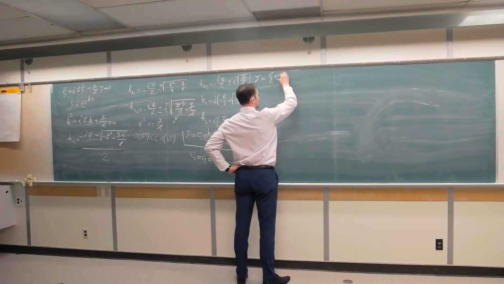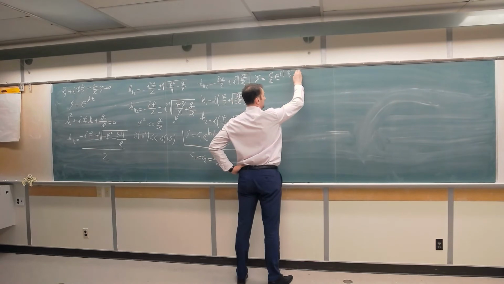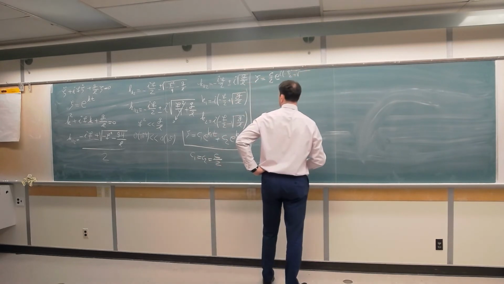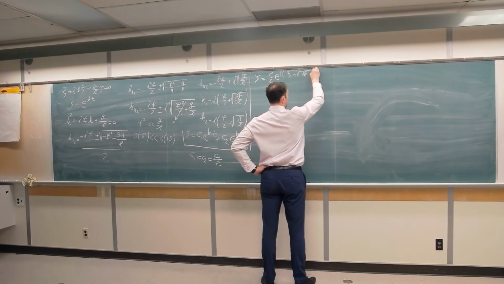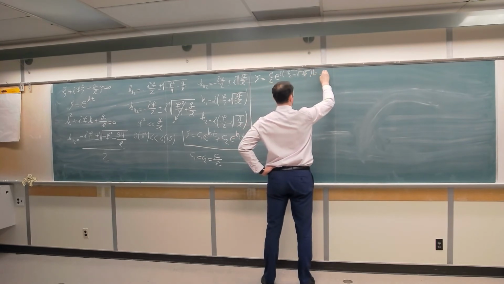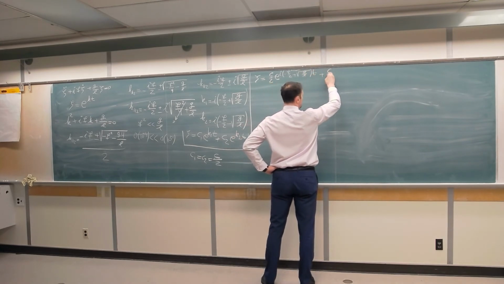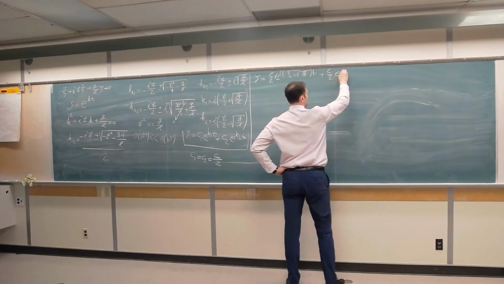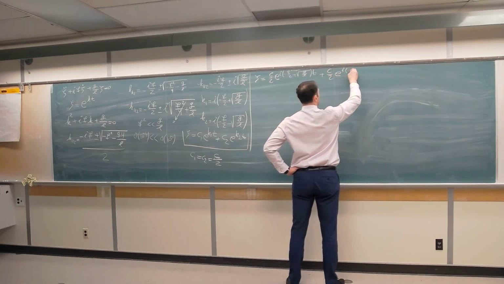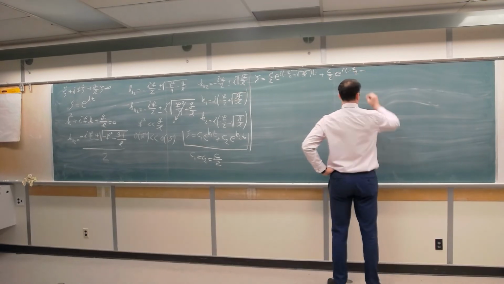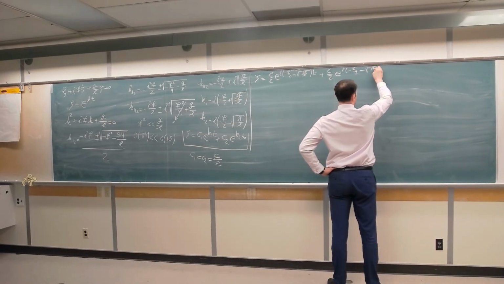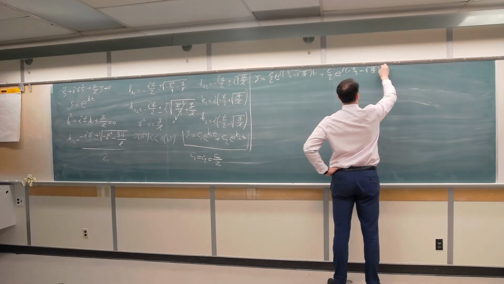So that will be i minus f over 2 plus square root g over L times t, and plus C over 2 e to i negative f over 2 minus square root g over L times t.